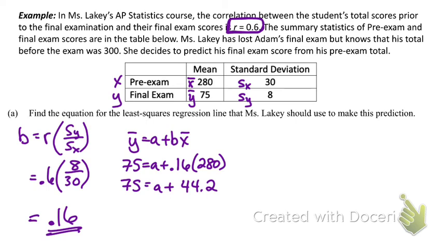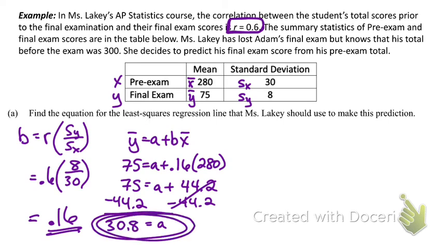All right, now to get that A by itself, I'm going to subtract 44.8 from both sides. I have A, I have B, I'm ready to write an equation.